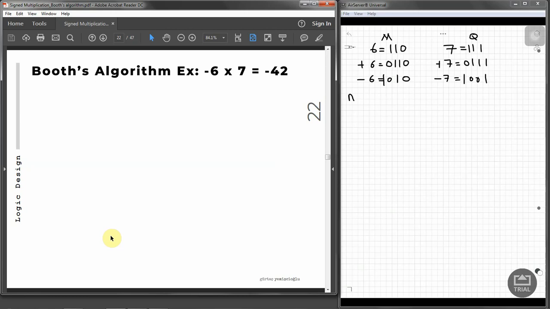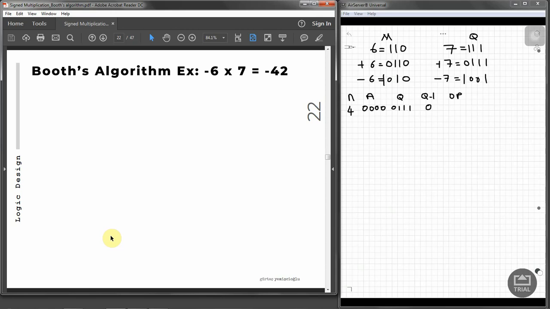So N, it's going to be 4. A, it's going to be 0, 0, 0, 0. And then Q, it's going to be plus 7, so it's going to be 0, 1, 1, 1, and then we have got Q minus 1, which is 0 when we initialize it, and then we have got the operation that we need to have.